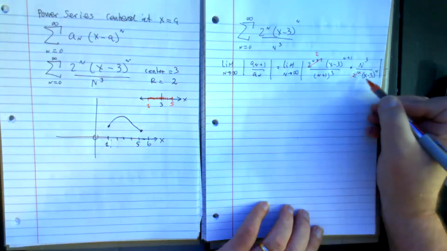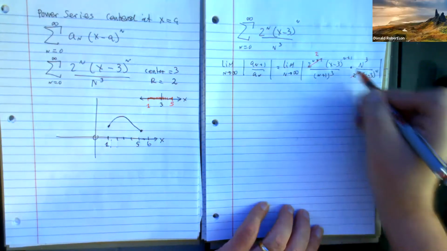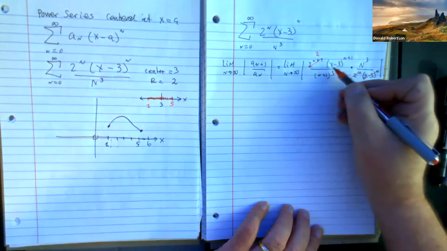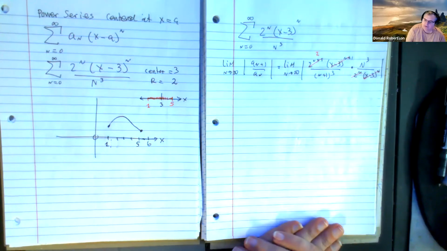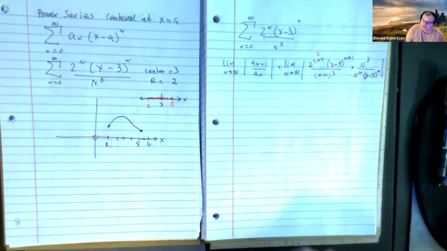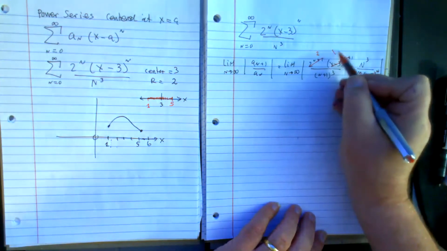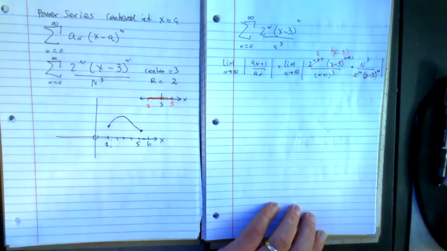Is it the things that are cubed? Not those guys, but these guys. So what would happen if you cancelled those two? X minus 3 to the n cancelling with x minus 3 to the n plus 1. They would cancel, right? Well, what would be left? An x minus 3, yeah, on the top.